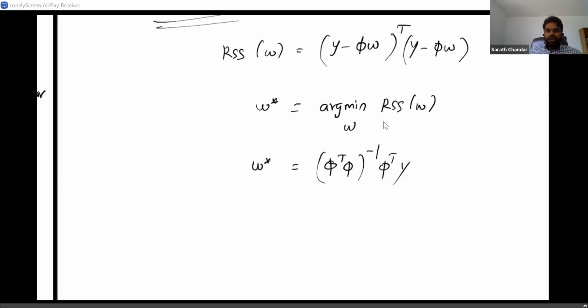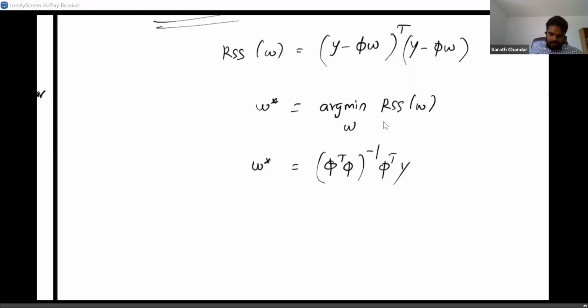These are questions which do not have obvious answers. These are hyperparameters, and we often have to do model selection by trying different basis functions and different hyperparameters of the basis functions, and pick the best one using the validation set.